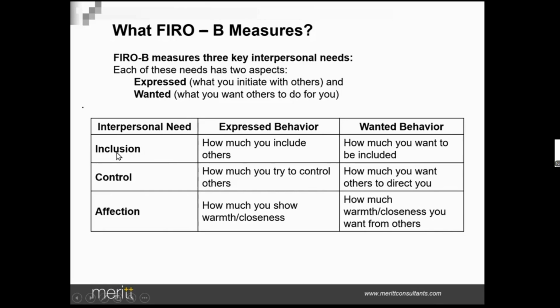Each one has 2. Inclusion: IE, IW. Control: CE, CW. Affection: AE, AW. So for all these 3, you have 2 aspects. So there are 6 dimensions. That means your score will have 6 measures.